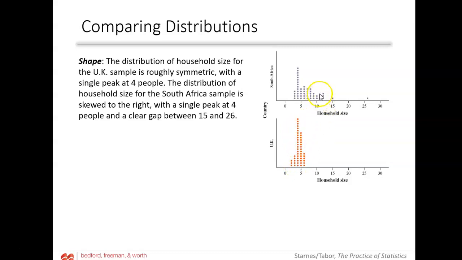The distribution for the household size in South Africa is skewed to the right, with a single peak also at 4 people. There's a clear gap, and they didn't specify, but still in South Africa, a clear gap between 15 and 26. So that was describing shape comparatively with context.